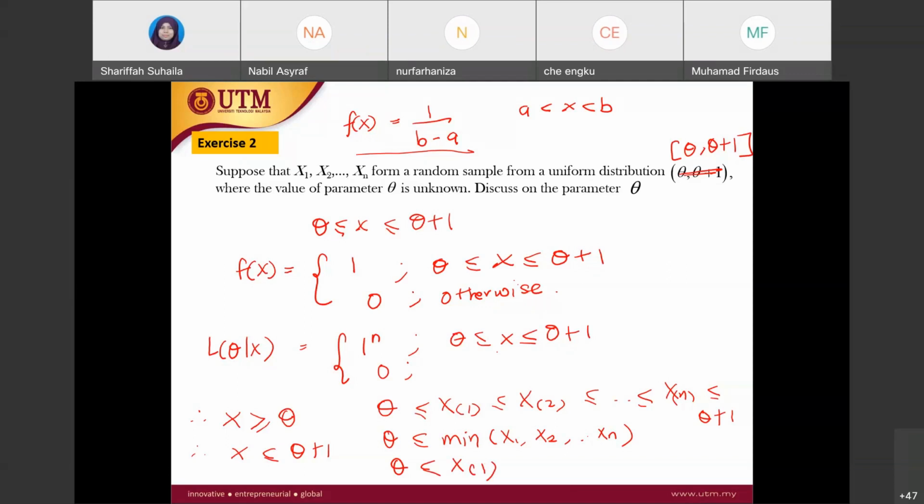Okay, and then the other one, kita ada Xn less than or equals to theta plus 1. Okay, so ini saya tulis kat sini. So that's mean your theta greater than or equals Xn minus 1.